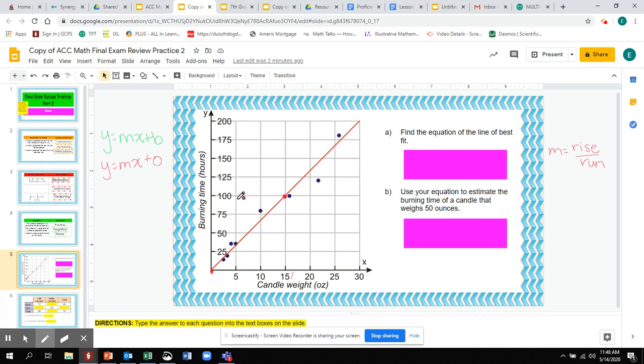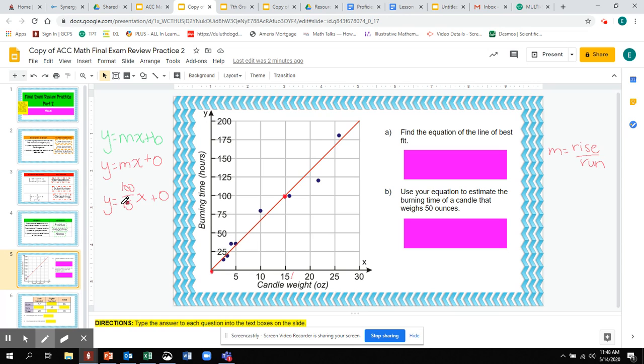So now I'm running to the right 15 units, sorry. So that means that my rise here is 100 and my run is 15. So when I write this equation, it would be 100 over 15 times x and then plus 0.